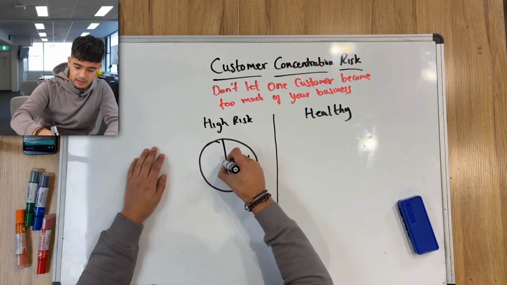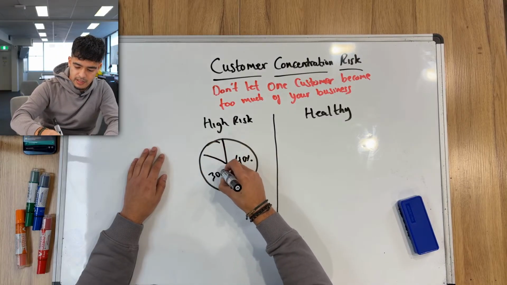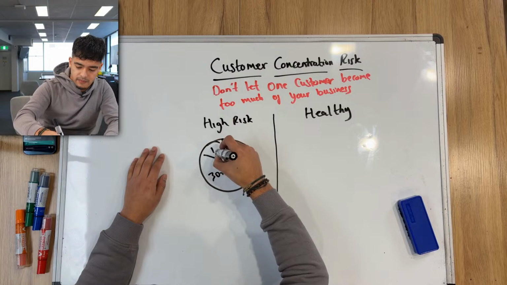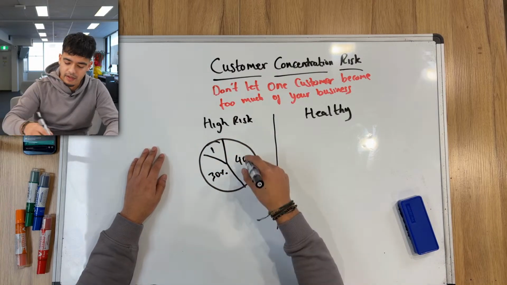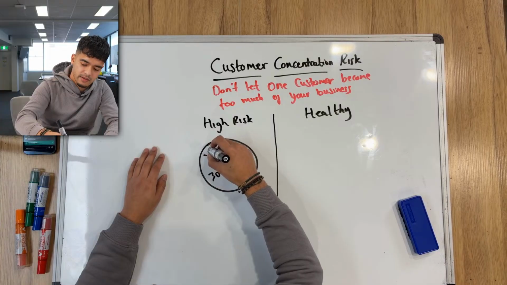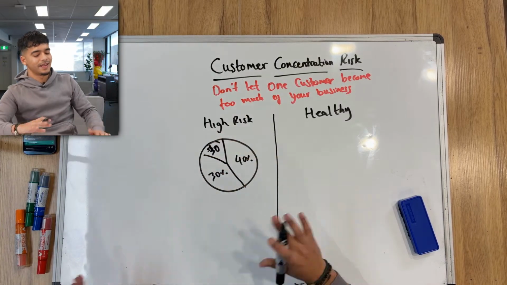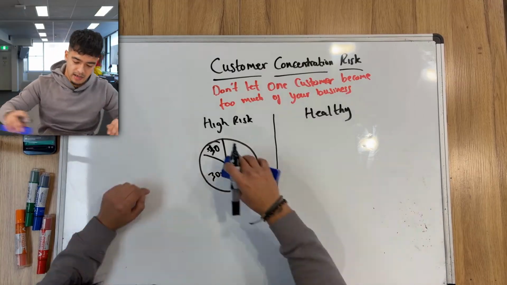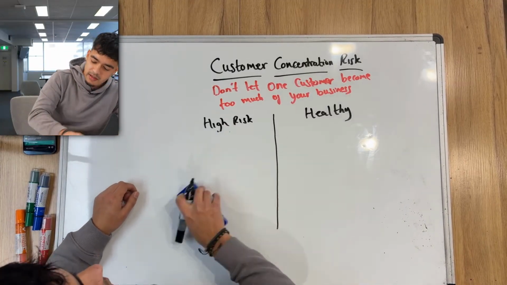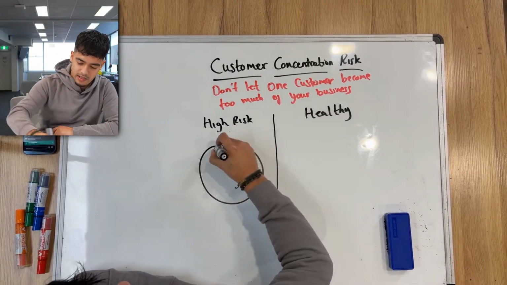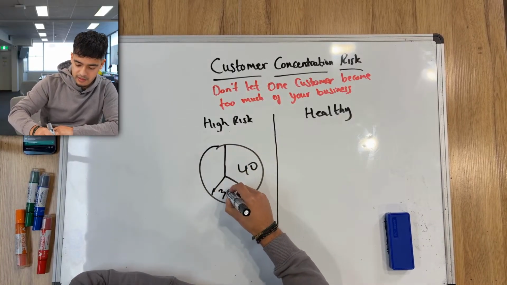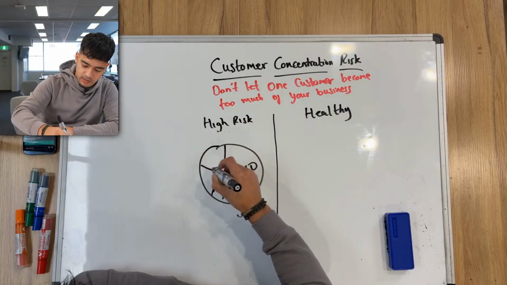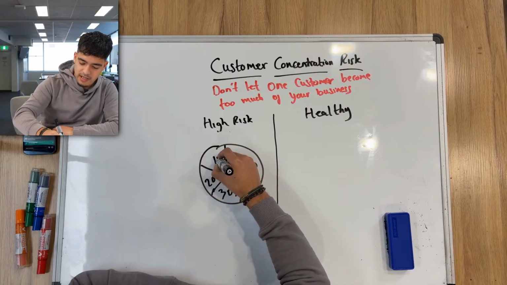Okay guys, I know this doesn't look like 30%, but let's assume that is 30%. Actually, it'll probably be better if I do this again for the video. So here's a circle, 40%, let's go with 30%, and then 20, and then 10%.